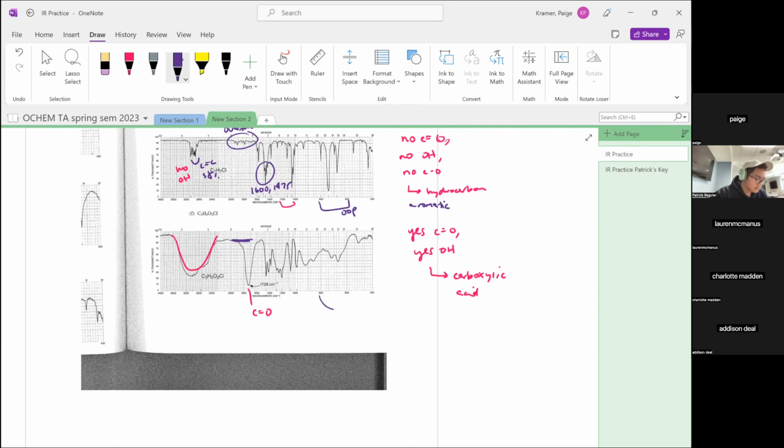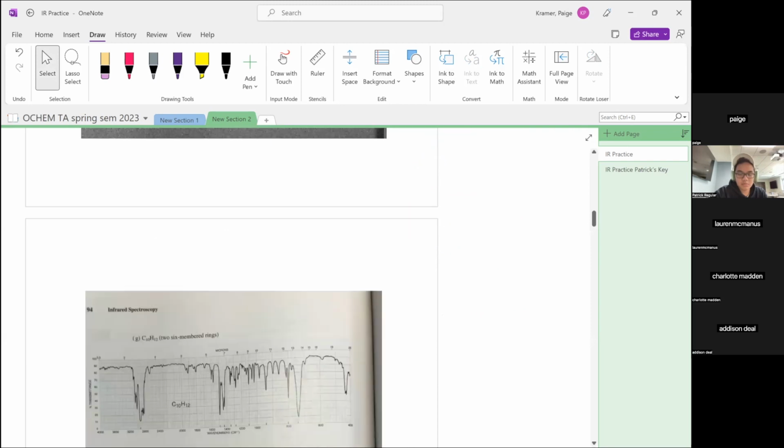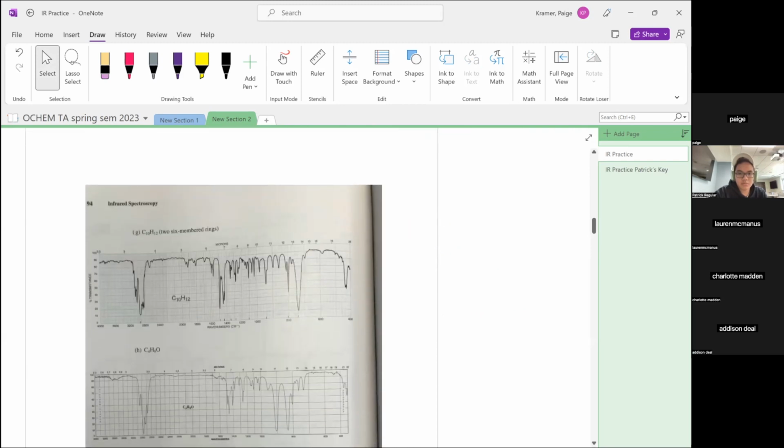But since there's no OOP bends, there's no aromatic evidence from this IR. Okay.